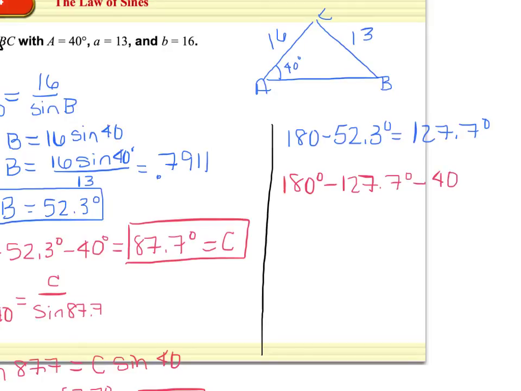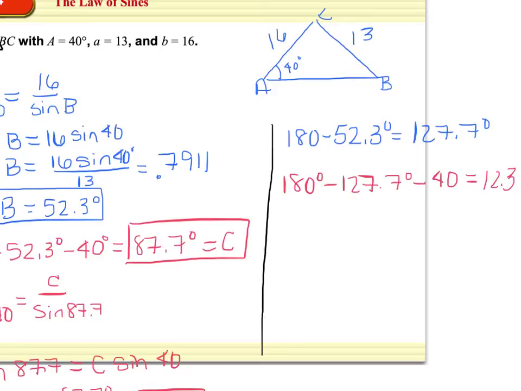Now, if I'm able to take 180 degrees and subtract that 127.7 degrees and the initial 40 degrees that was given to me for my angle A, and I get a positive number, then this tells me that a second triangle exists. If I get a negative number, it tells me that a second triangle doesn't exist and only one triangle is possible. So in this case, if I do 180 minus 127.7 minus 40, this will give me my new angle C, and this is 12.3 degrees.